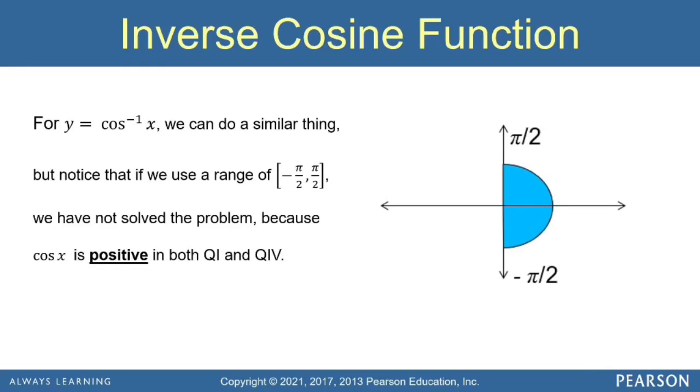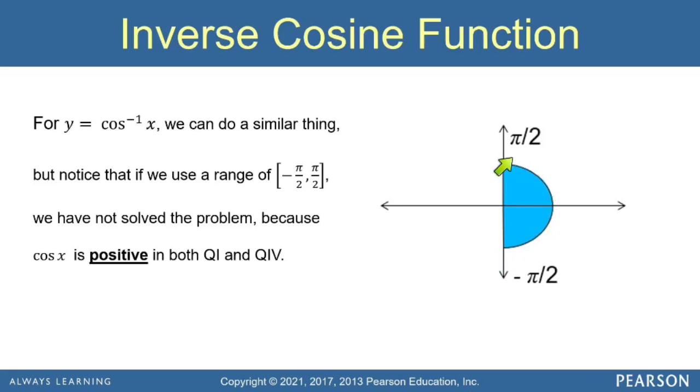Now let's move on and talk about the inverse cosine function. This function has a problem similar to what we saw with the inverse sine function. Every cosine value matches an infinite number of angles. So to solve this problem and make inverse cosine a function, we can do a similar thing to what we did with the inverse sine function, but we can't use the same range.